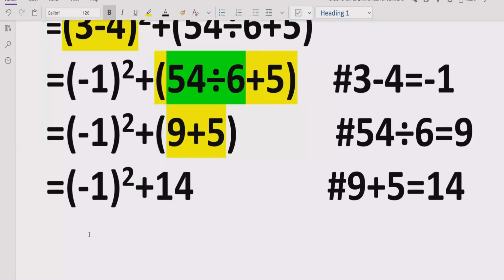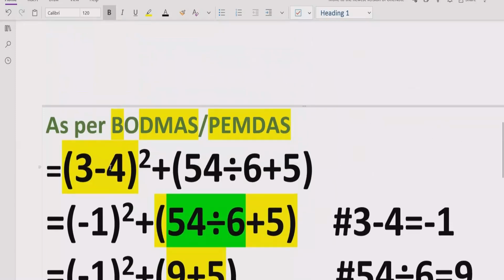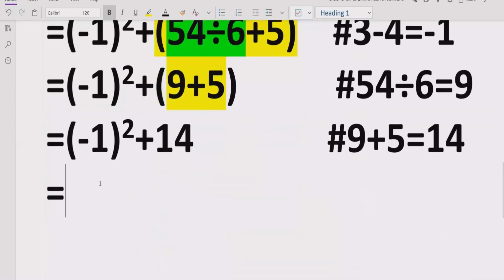So now we have to solve the exponent part, or order of operations. Here we have minus 1 raised to power 2. It becomes 1. Why 1? Because minus 1 multiplied by minus 1 equals, minus times minus is plus, 1.